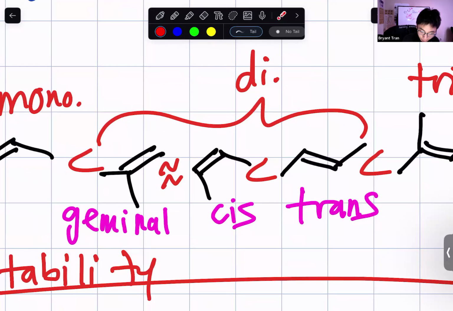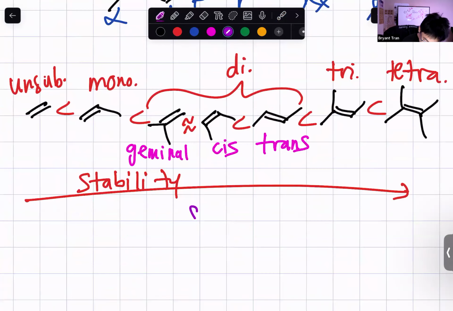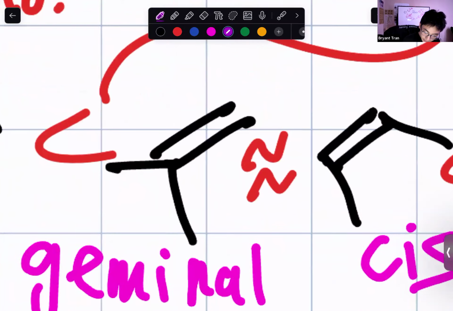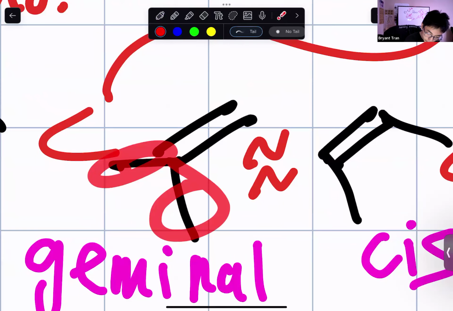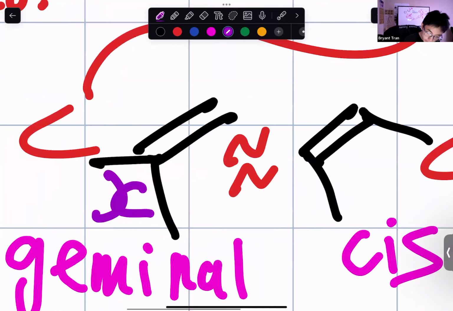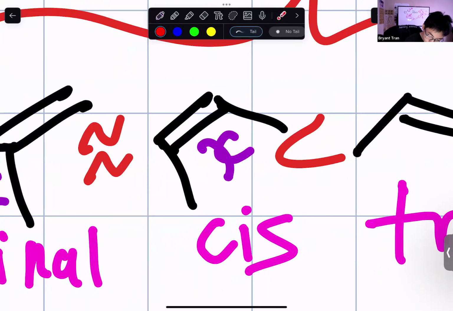She asked why. The reason is going to be steric hindrance, right? Which is how molecules bump into each other. If you see these two R groups right here, those two R groups will bump into each other, causing steric hindrance. These two R groups here will cause steric hindrance, bumping into each other. And we don't want that.